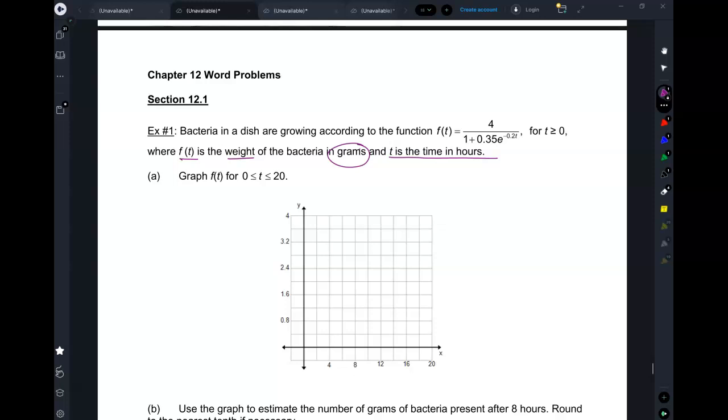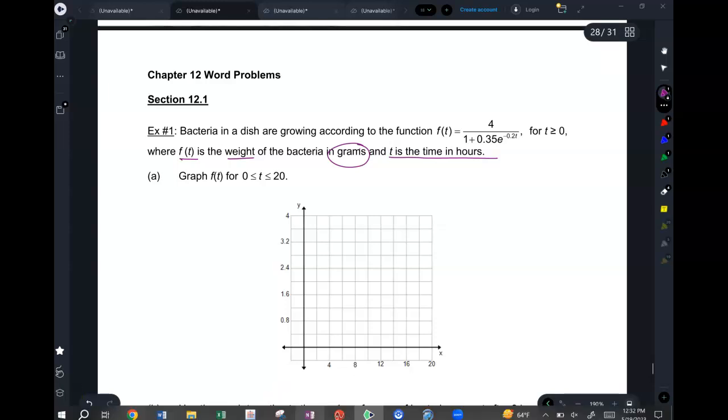Every 3 months kind of had its own equation, sometimes every couple of weeks. So it's always important to know for what interval or domain your equation is valid. So this one is for t greater than or equal to 0.